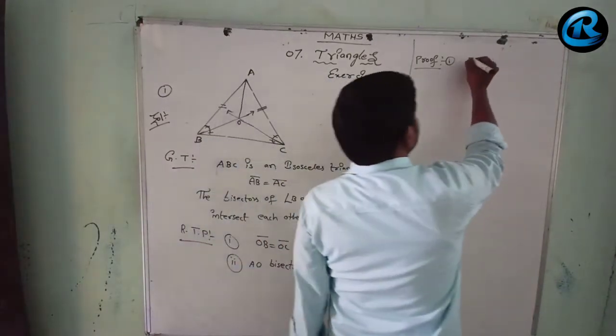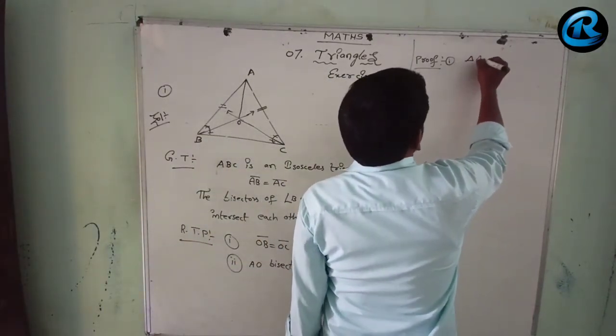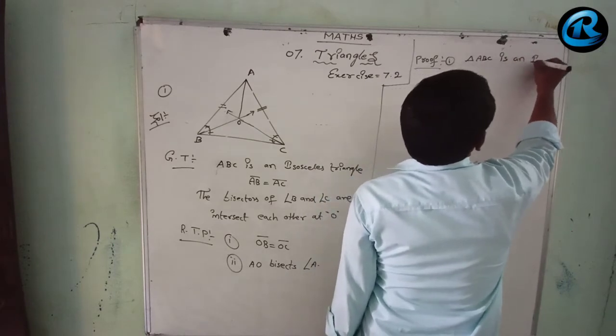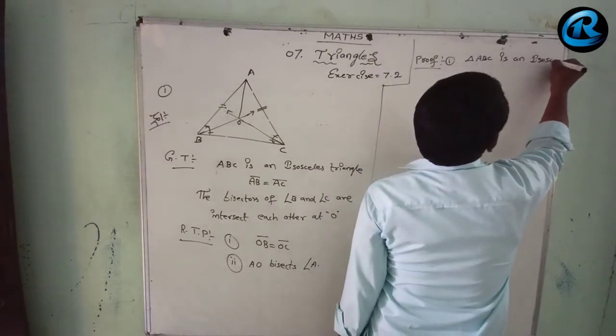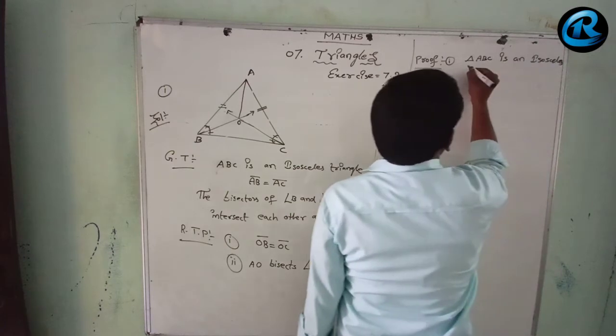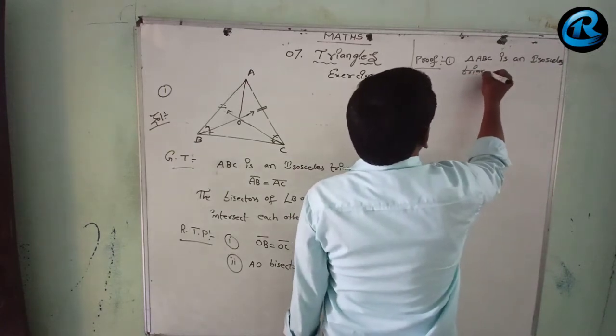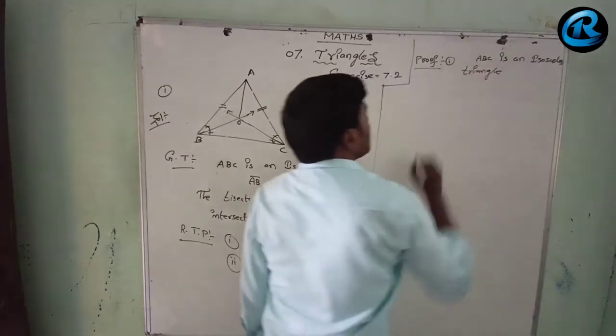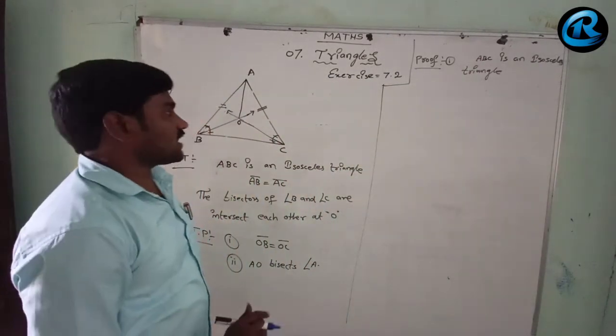The given triangle ABC is an isosceles triangle.